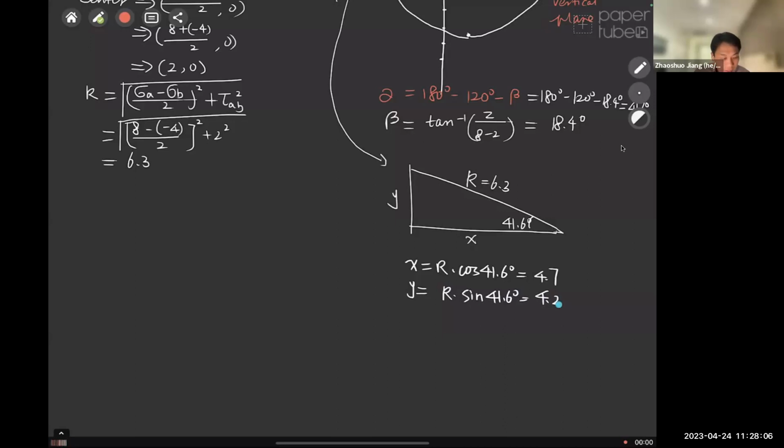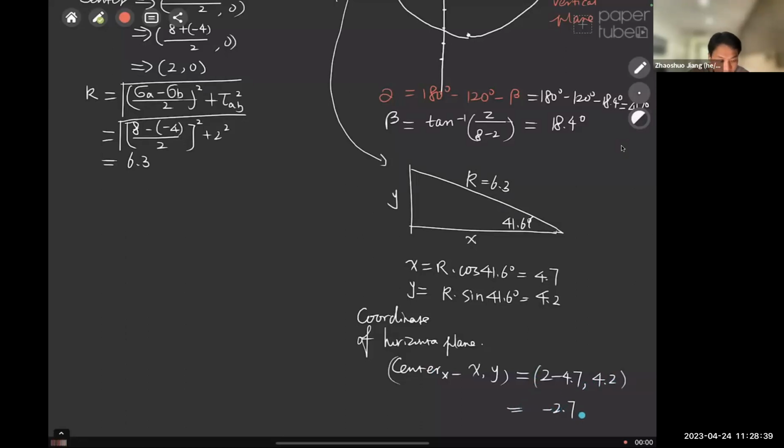Okay, with that said, we can identify the coordinates now. The coordinate of the horizontal plane can be calculated as center X minus X and Y. That would be 2 minus 4.7, and the vertical coordinate is 4.2, so that would be negative 2.7 and 4.2.